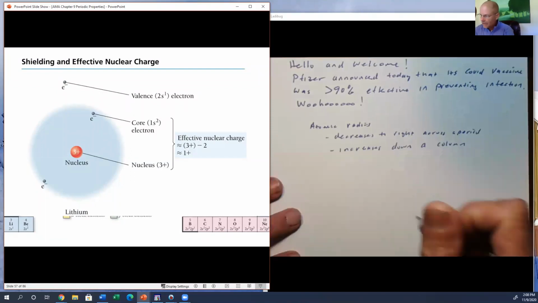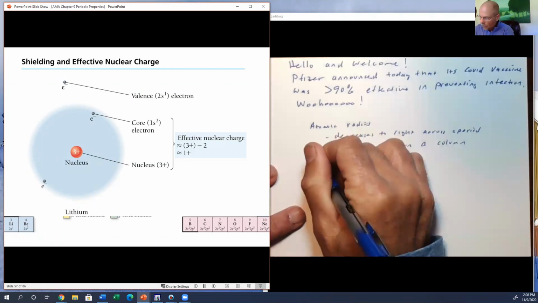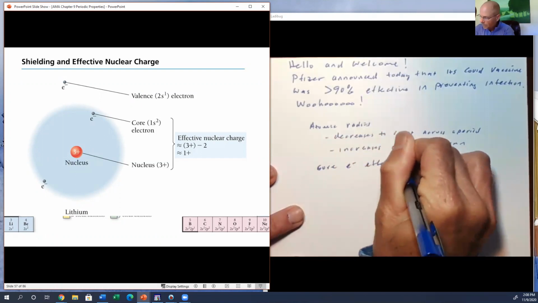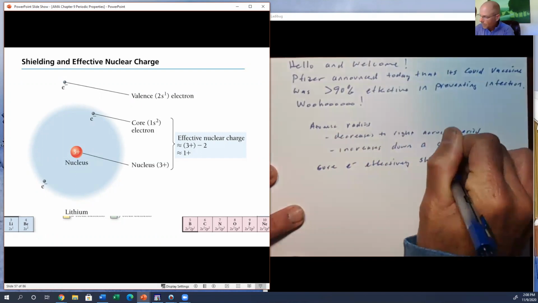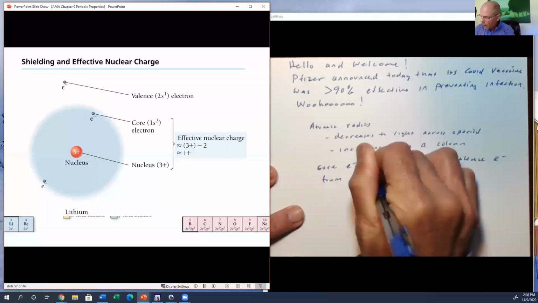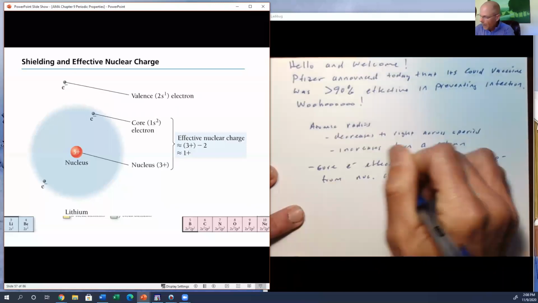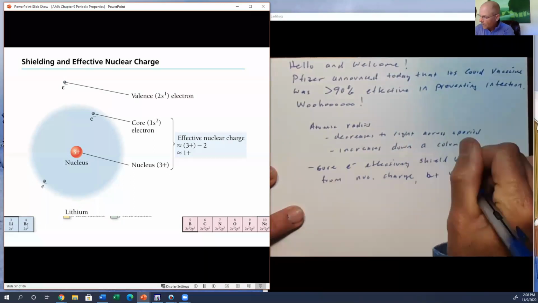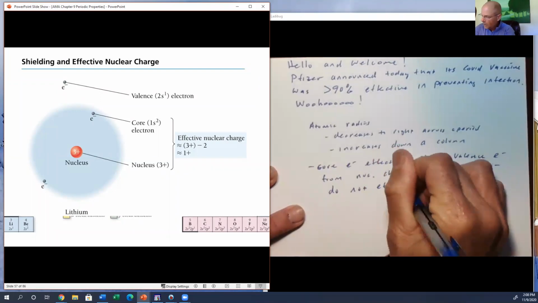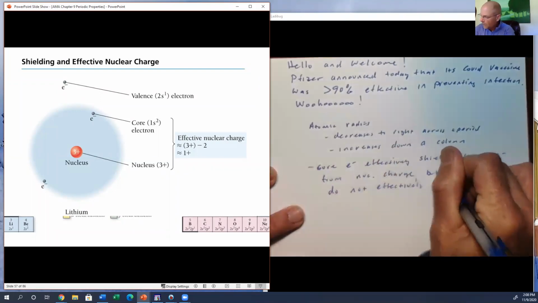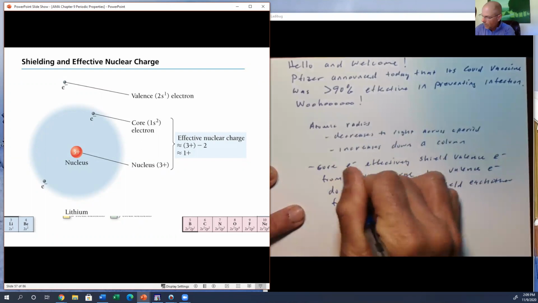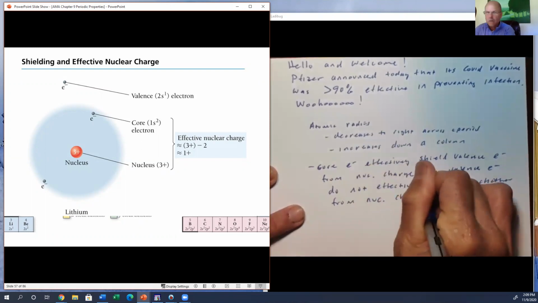So the key to understanding this is that core electrons effectively shield valence electrons from nuclear charge, but valence electrons do not effectively shield each other from nuclear charge. All right?